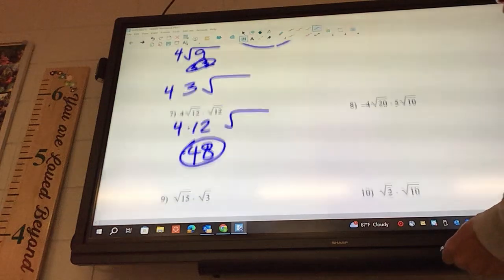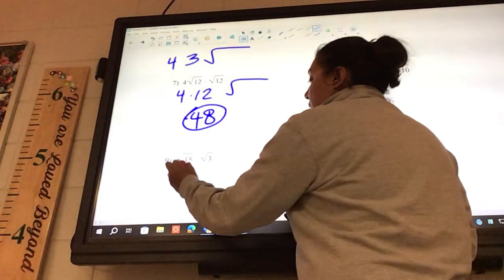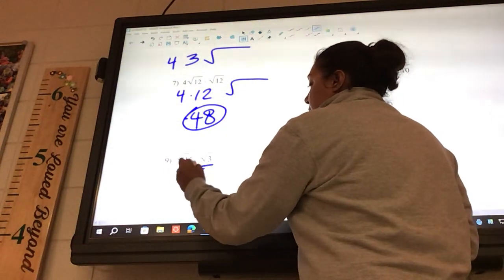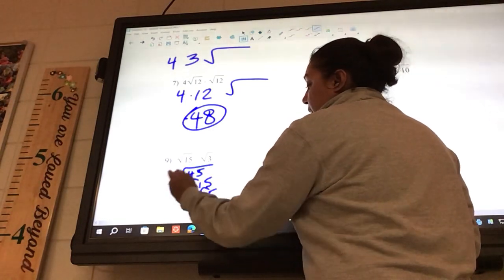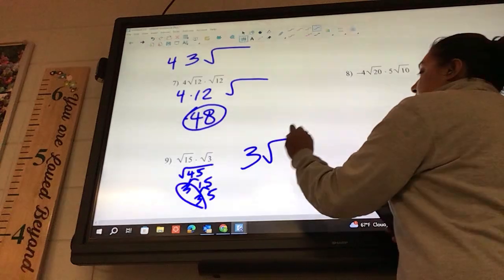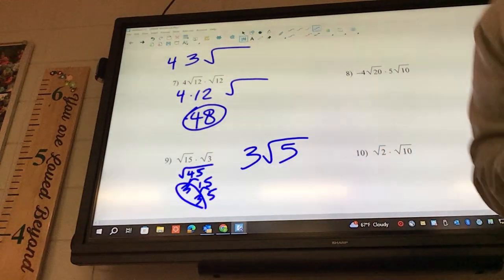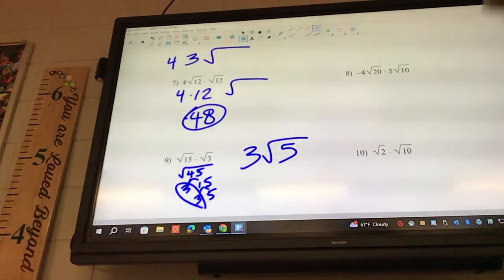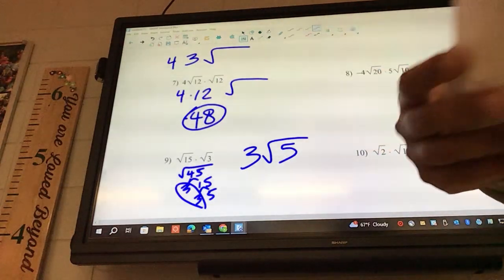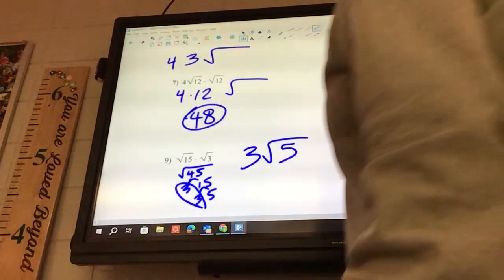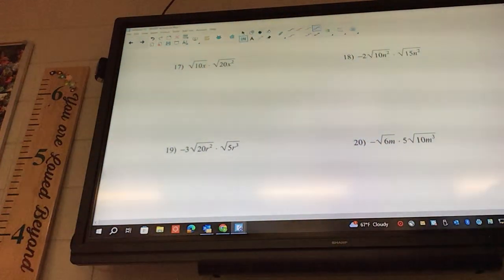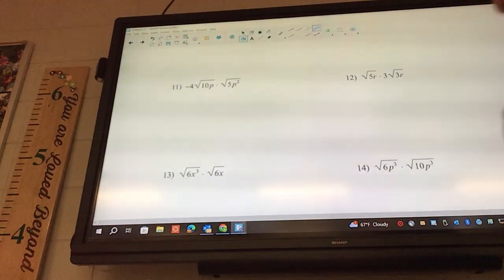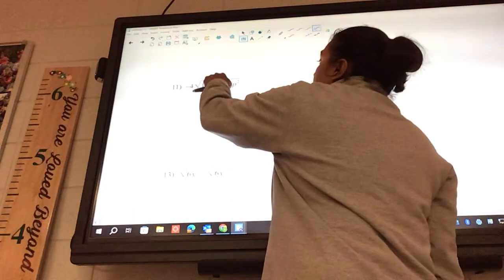Next is 15 times 3, so 45. It's going to be 3 times 15, 3 times 5. So the 3's can go, and the 5's going to stay. Okay, 11. Again, you're going to multiply the outsides together.